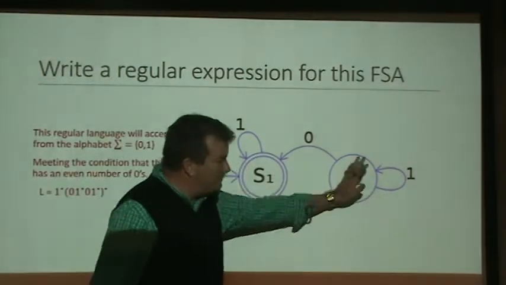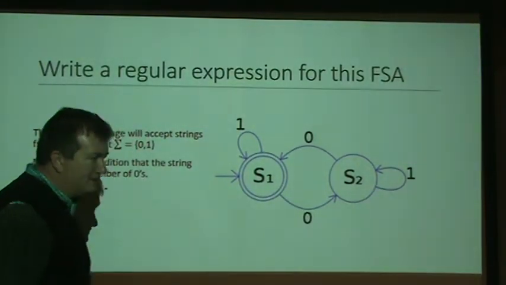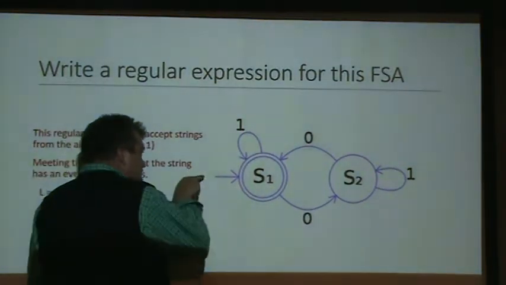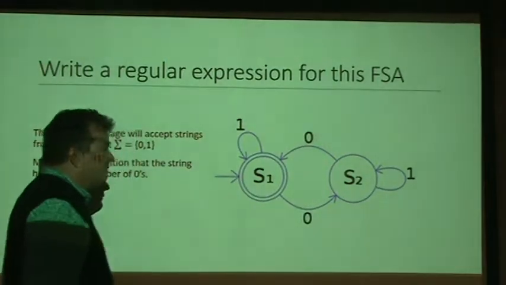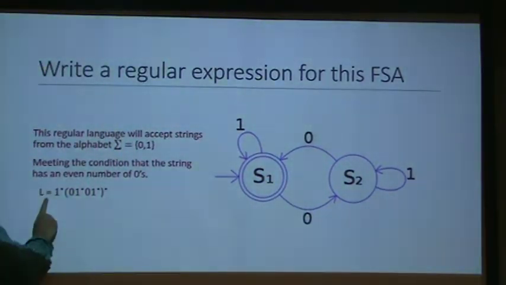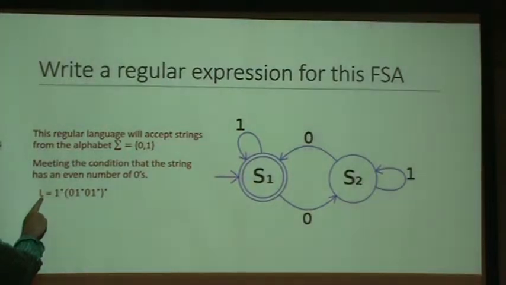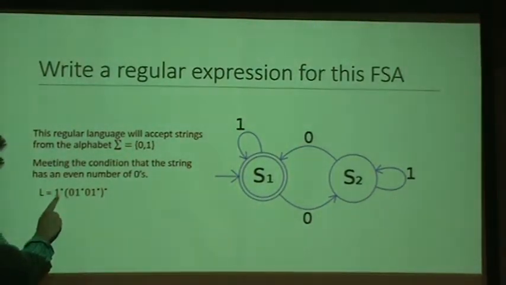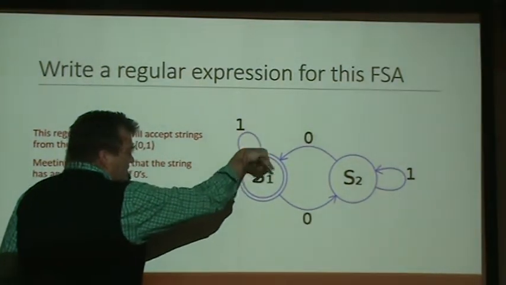So if I said, given this picture, write out on paper what it's going to accept and not accept. Well, the truth of the matter is, starting here, I could either read a 0 or 1 and I go to a different state. So I can write this out as a regular expression. My language, L, consists of, I could read 0 to as many ones as I want.